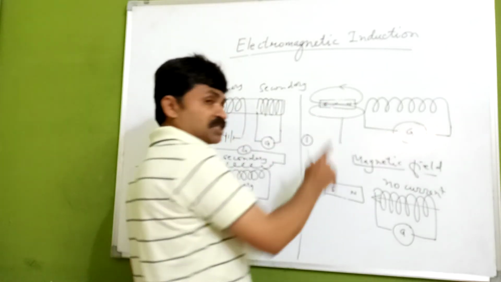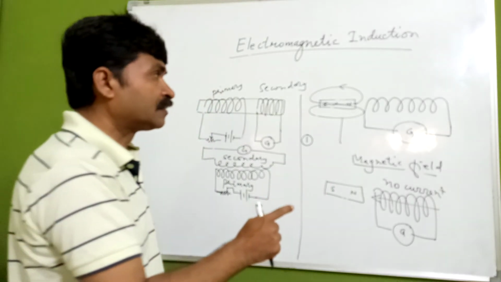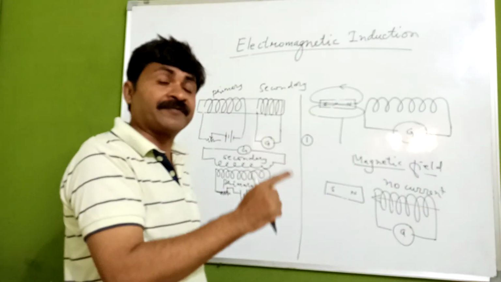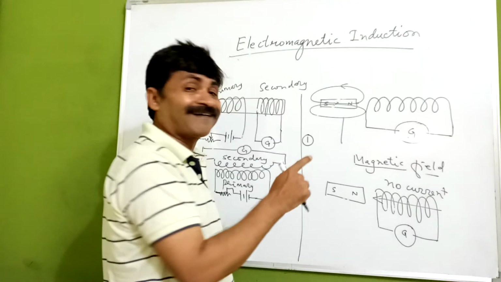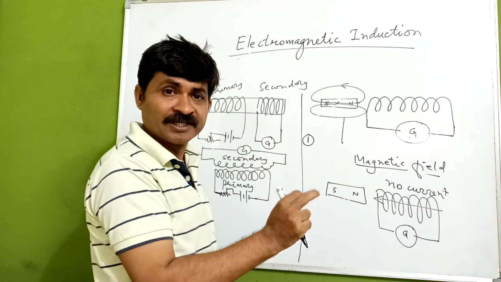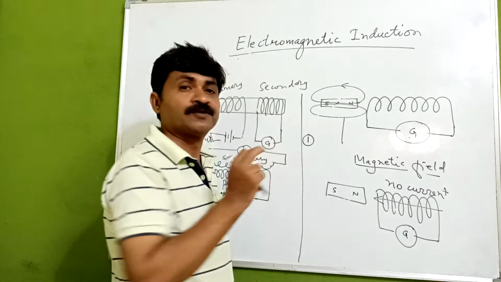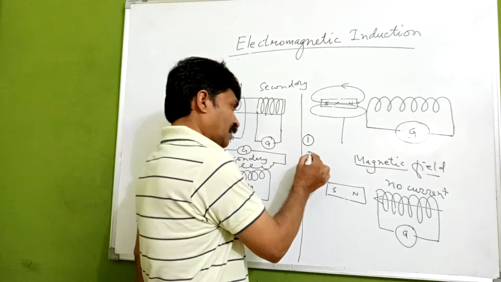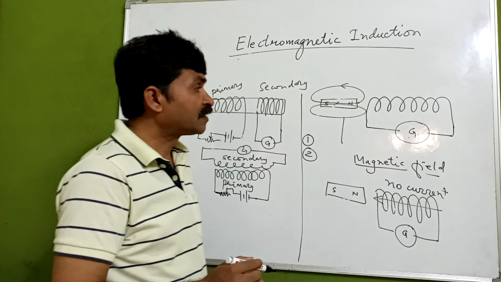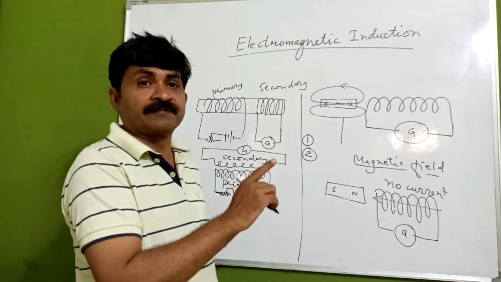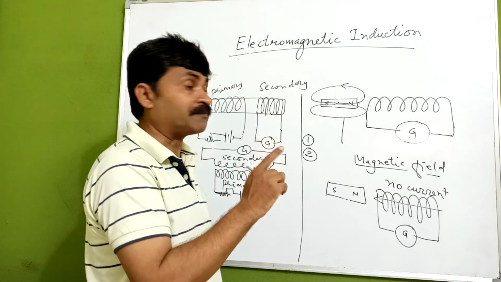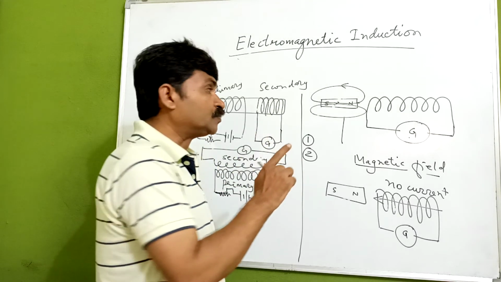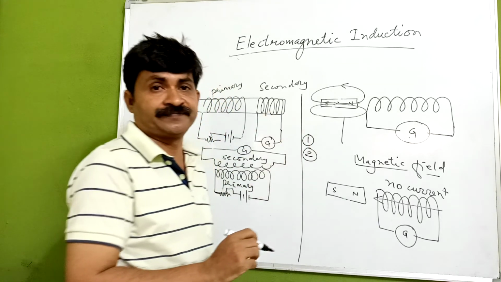If there is a change in the magnetic field lines, it causes an EMF induced in it, or a current induced in it. Second, the induced EMF or the induced current depends upon the change in magnetic field lines with respect to time.